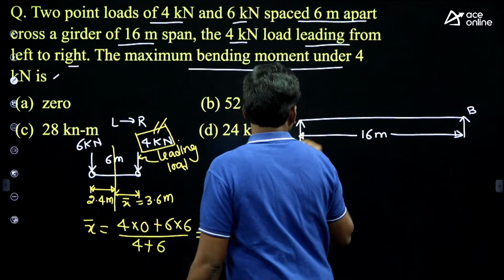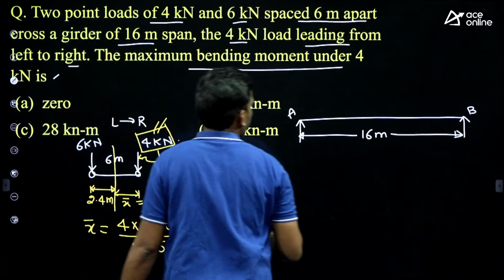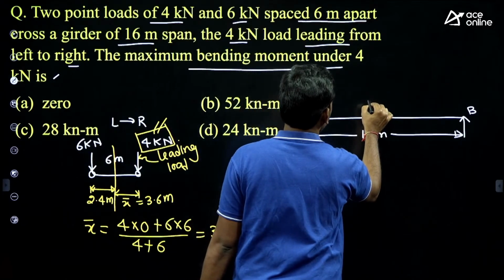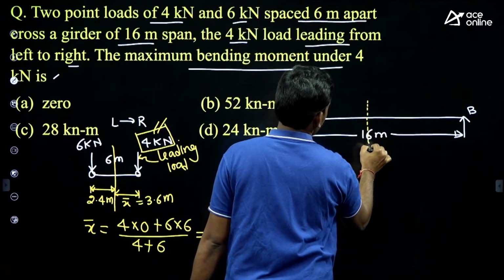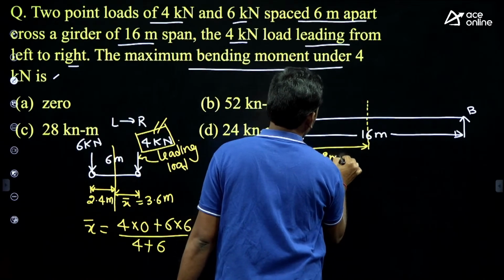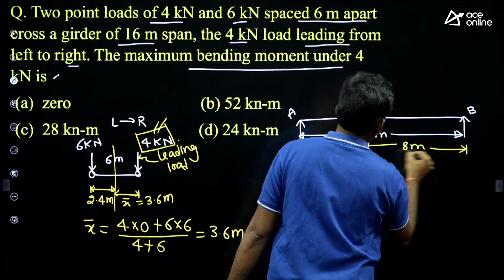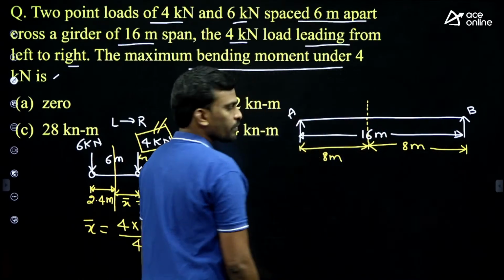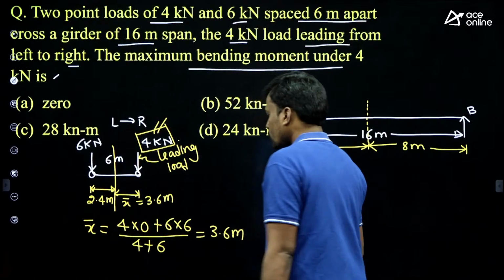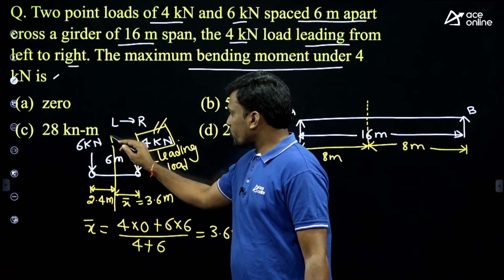Now, the section is not given. We have to mark the center of the beam. This is the center of the beam, 8 meter and 8 meter. Tell me, is the 4 kilonewton left or right of the resultant force?